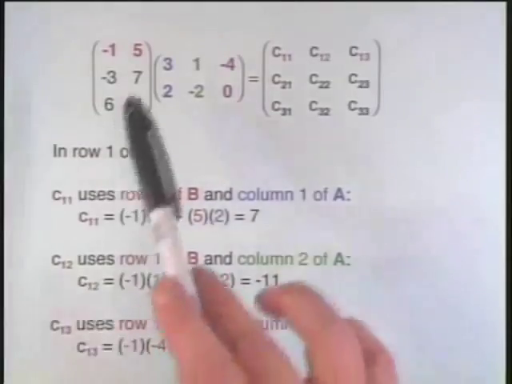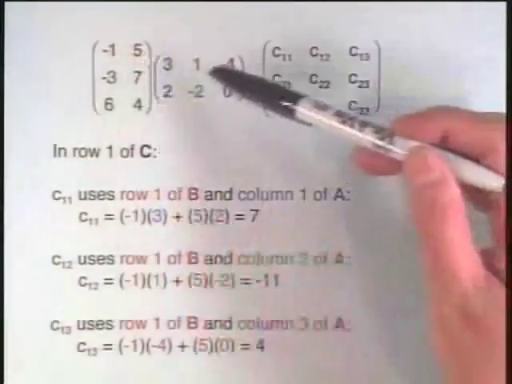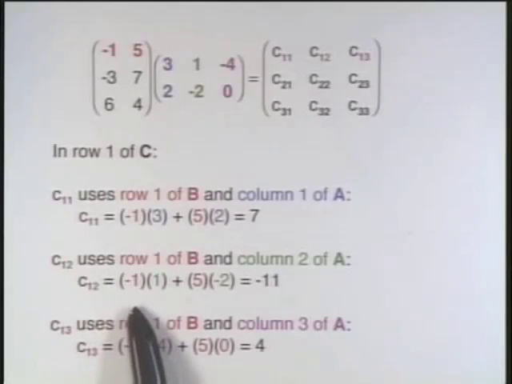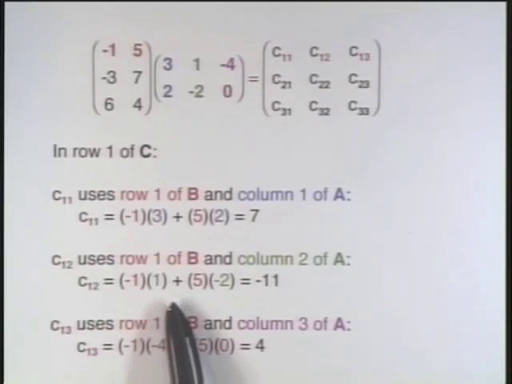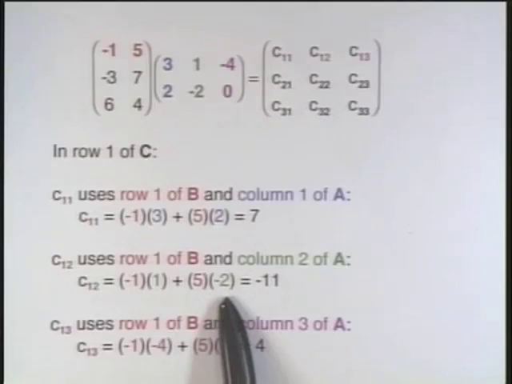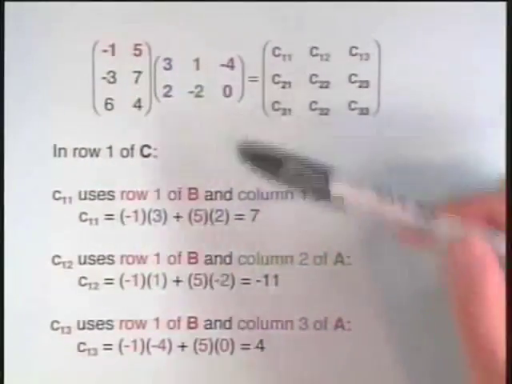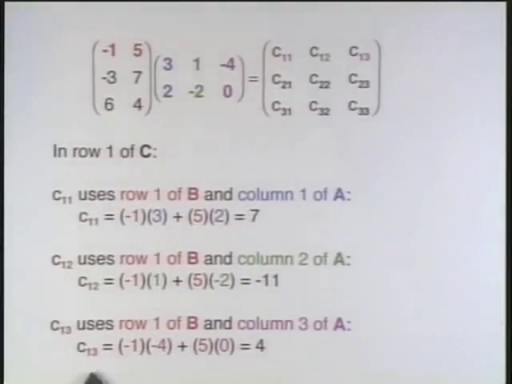C12 uses row 1 of B and column 2 of A. C12 is negative 1 times 1 plus 5 times negative 2 for negative 11. C13 uses row 1 of B and column 3 of A. C13 is negative 1 times negative 4 plus 5 times 0 for a value of 4.